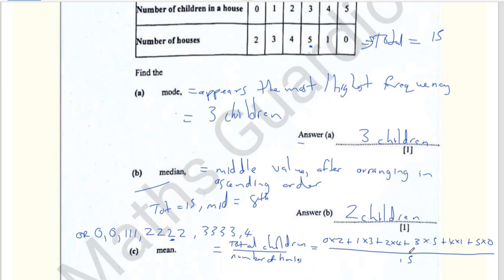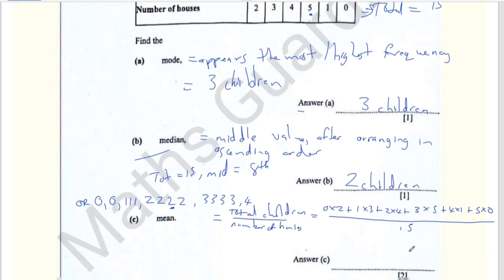Okay, so now 0 times 2 gives us 0. 1 times 3 gives us 3. 2 times 4 is 8. 3 times 5, 15. 4 times 1, 4. 5 times 0, that's another 0. Then all divided by 15.